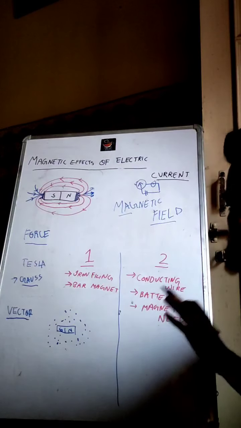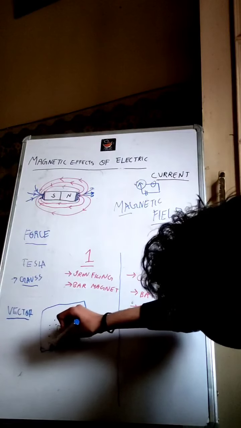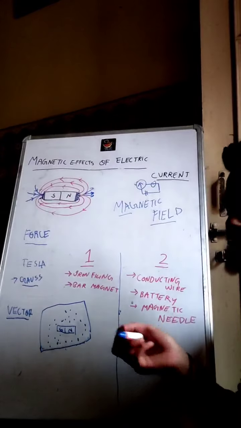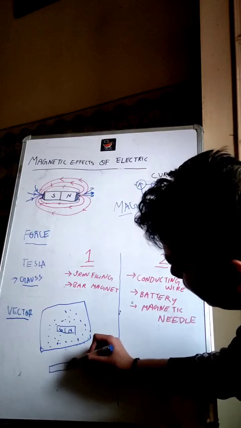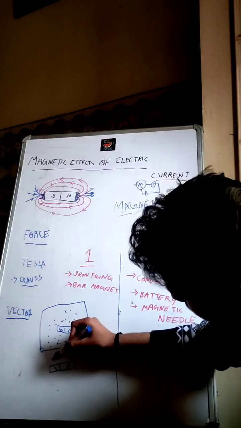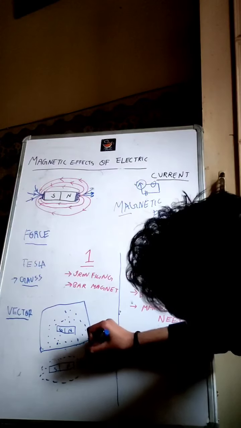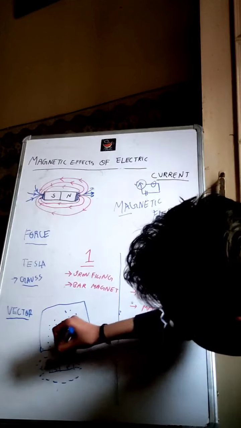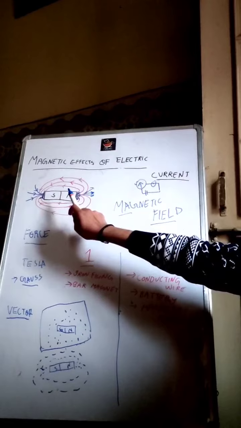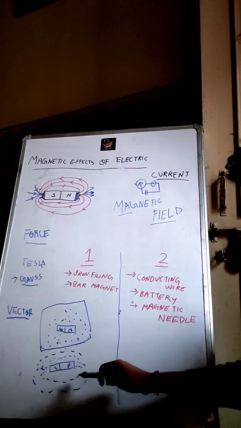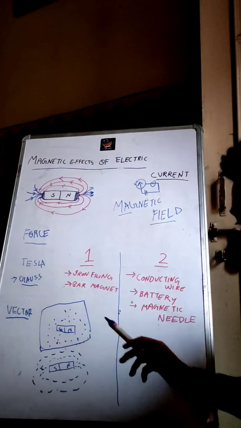In the cardboard on which you have kept the magnet, shake it gently. You will see the iron filings will get arranged in a certain manner, somewhat like this. And these lines represent the magnetic field around the magnet.